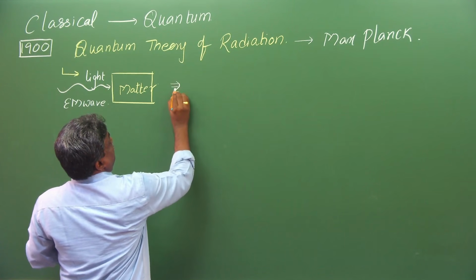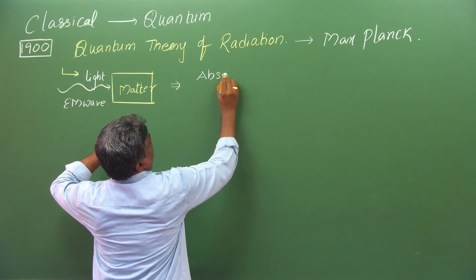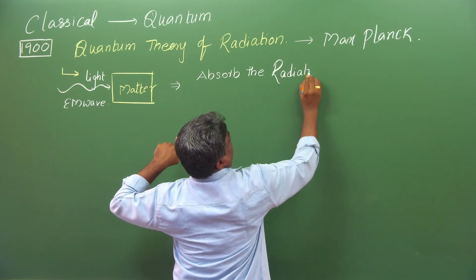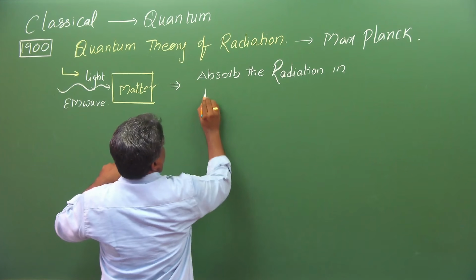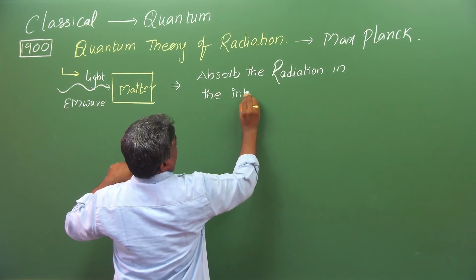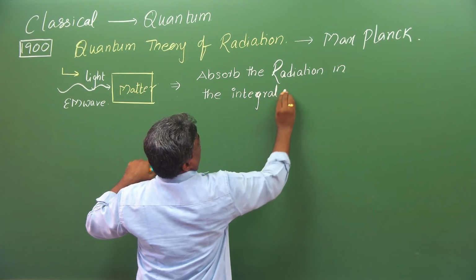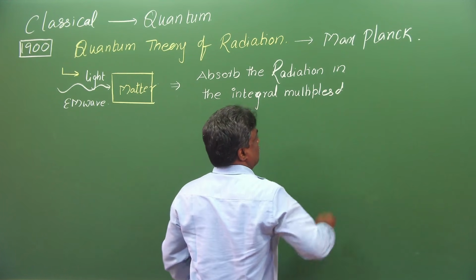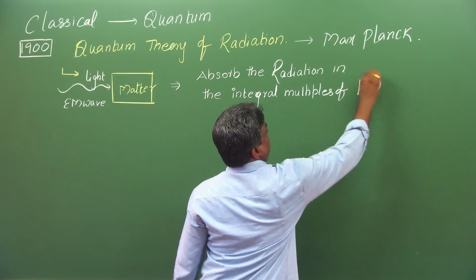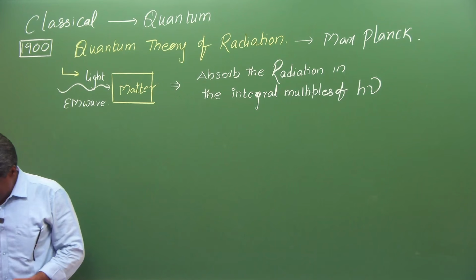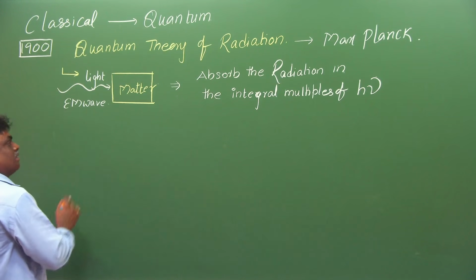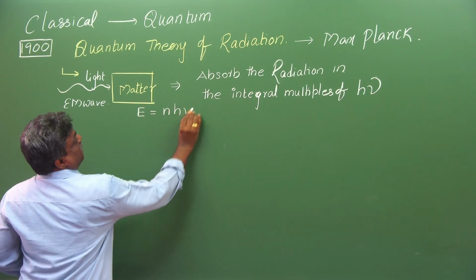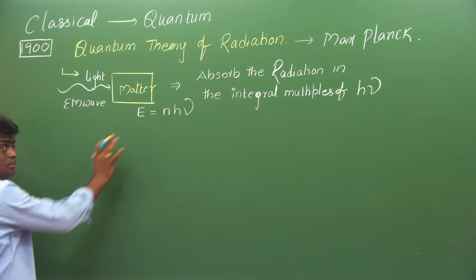According to Planck's theory, matter can absorb the radiation in the integral multiples of h nu. So whatever the amount of energy absorbed, this is nothing but n h nu. We'll derive this, don't worry.